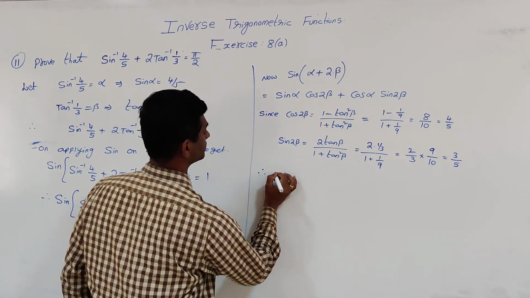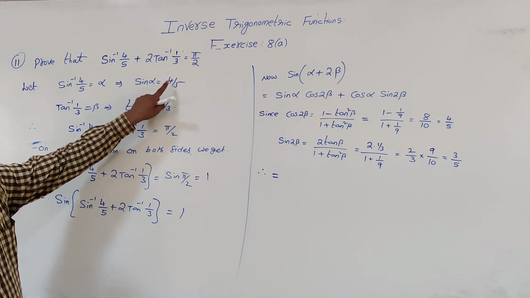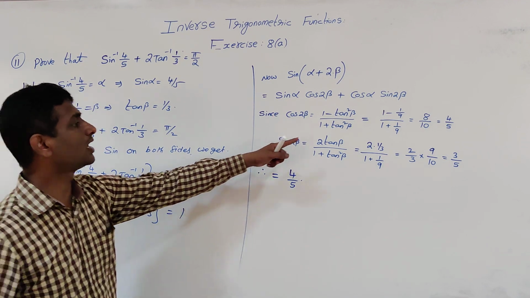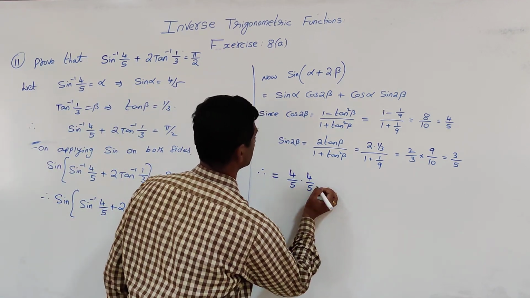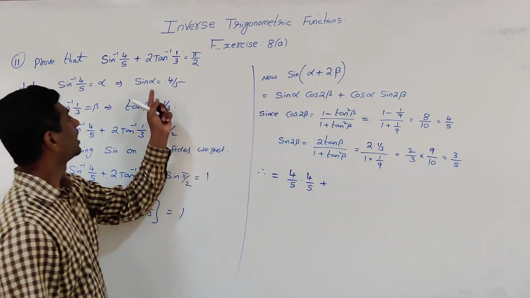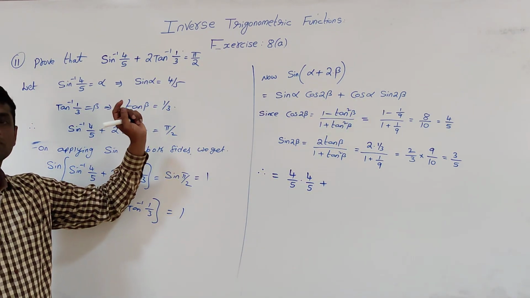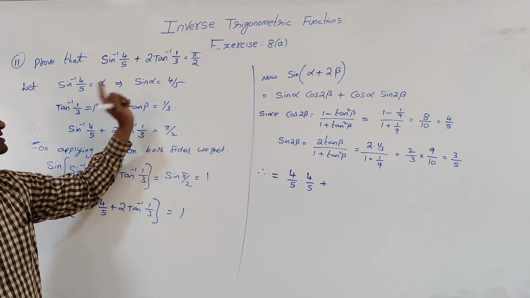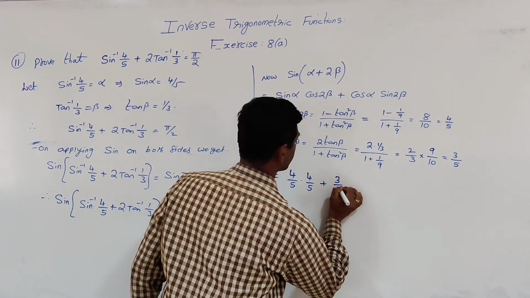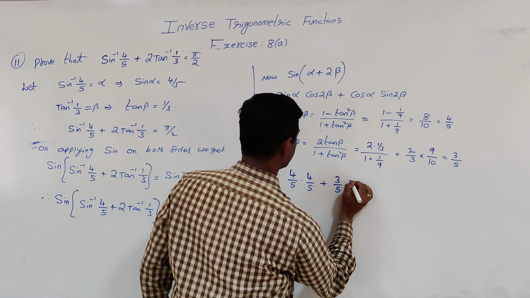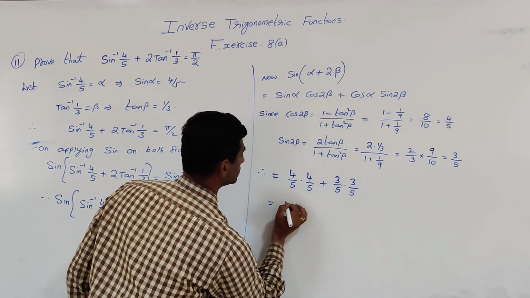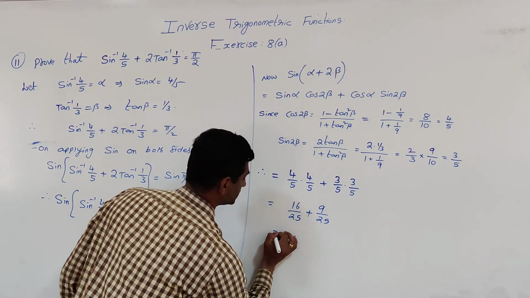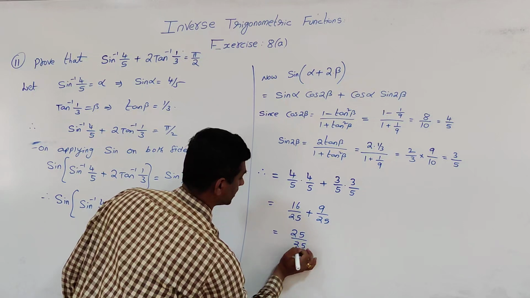So therefore sin alpha is 4/5, cos 2 beta is again 4/5, plus cos alpha. As sin alpha is 4/5, from the right angle triangle for alpha, the adjacent side will be 3 and hypotenuse is 5. So cos alpha is 3/5 and sin 2 beta is 3/5. So 16/25 plus 9/25, which is 25/25, and that gives 1.